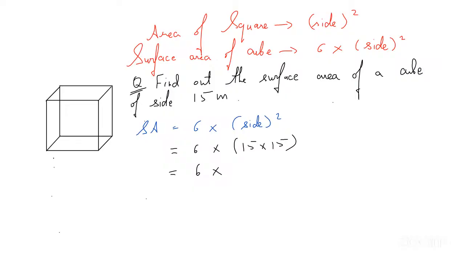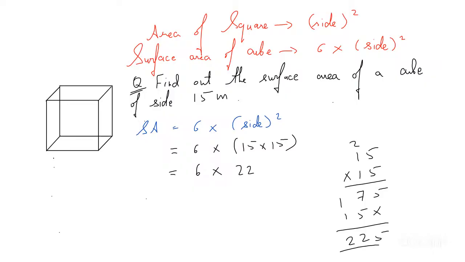No, Joshua, it is 225. Look here, 15 times 15 we are doing now. 5 times 5 is 25, write 5 carry 2, and continue to get 225. Now multiply 6 and 225 and find out the final answer.